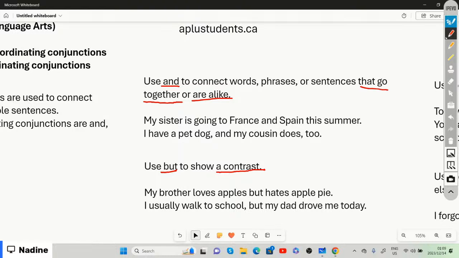That is basically how we use but. And also, I usually walk to school, but my dad drove me today. That is how we use but to show contrast.